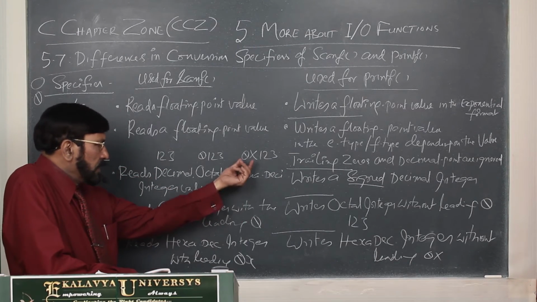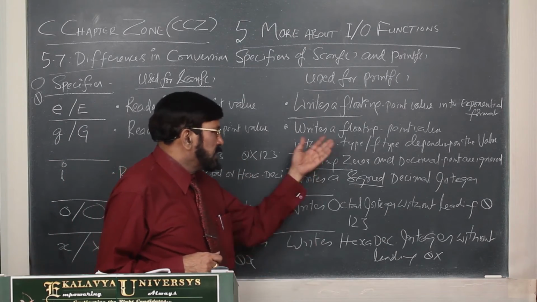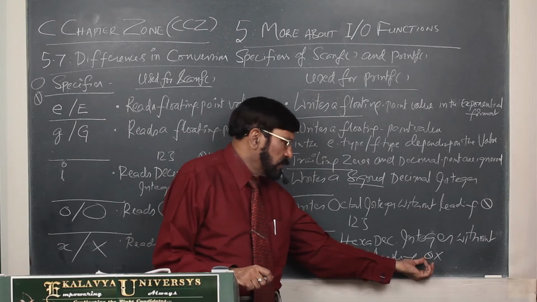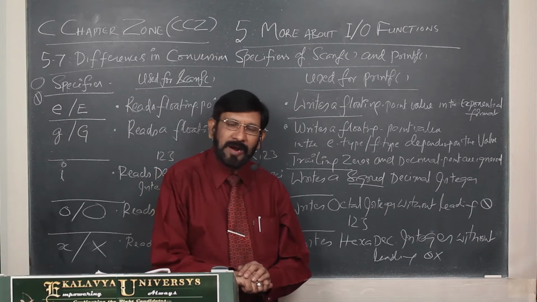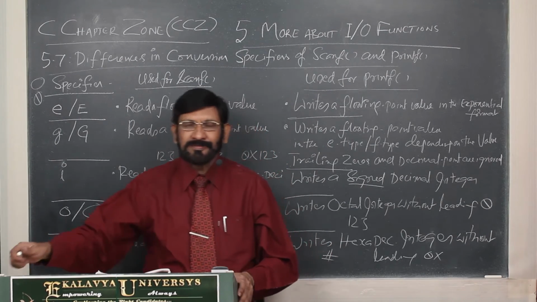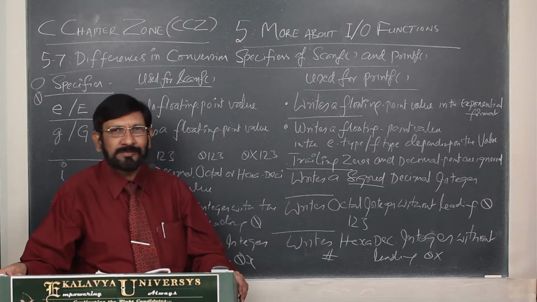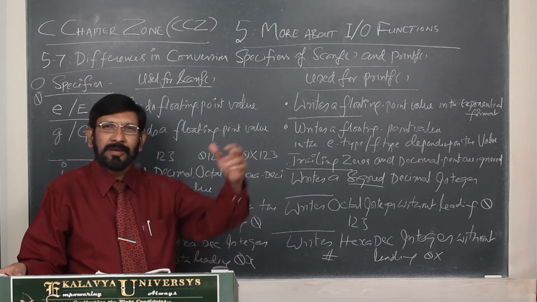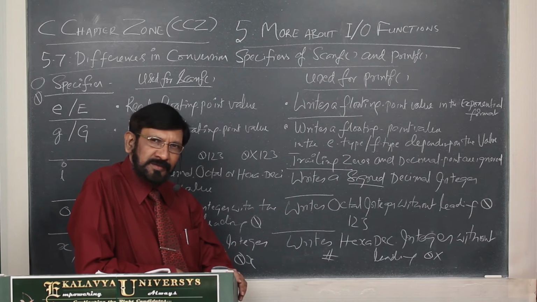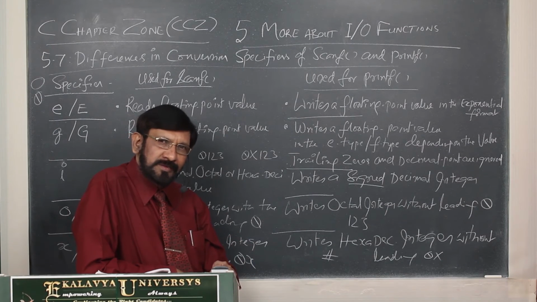Even though you enter the value with 0x prefix, the corresponding printf will write it without 0x prefix. If you want that, you have to insert a hash symbol, that I will show you in the next concept, then you learn. Otherwise, prima facie it looks like a decimal value, not hexadecimal. Even though it is a hexadecimal value, it is not shown as a hexadecimal value. Simply seeing that 1, 2, 3 or any other value, you feel it is a decimal value.